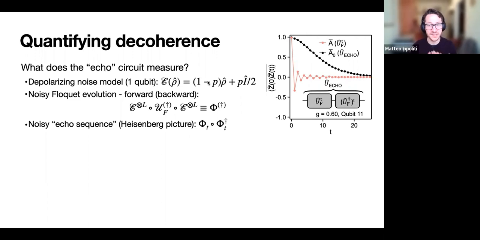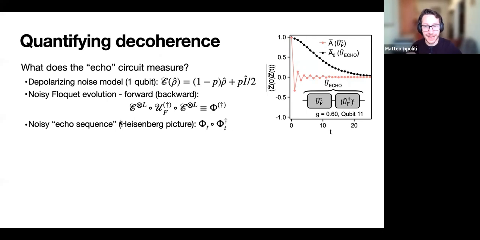So because this noise channel is self-adjoint, we have that the forward and backward evolutions are described by quantum channels that are in fact the adjoints of each other. So this channel phi describes the unitary channel, U sub f, which is conjugation by the unitary, sandwiched in between this depolarizing noise. And whether we're going forward or back is represented by whether this channel is phi or phi dagger.